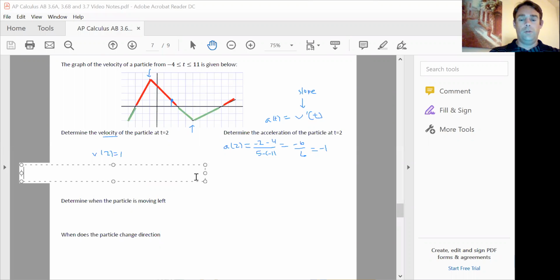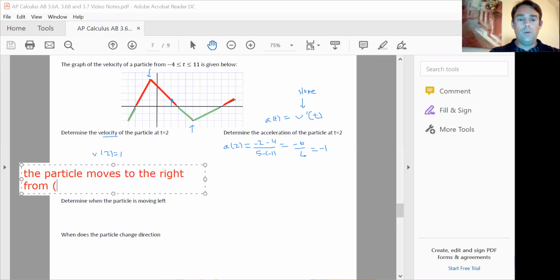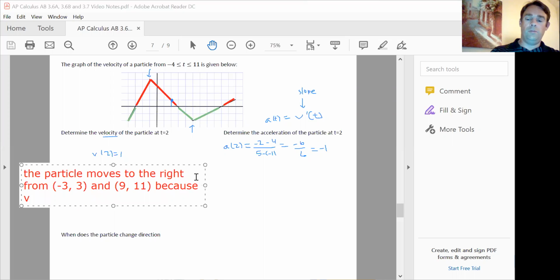So the particle moves to the right from -3 to 3, and 9 to 11, because the velocity is greater than 0 from -3 to 3 and 9 to 11.